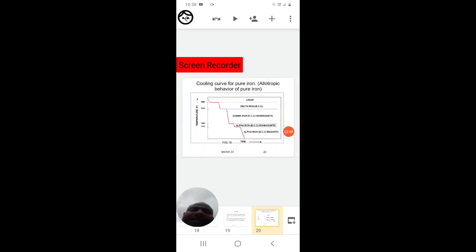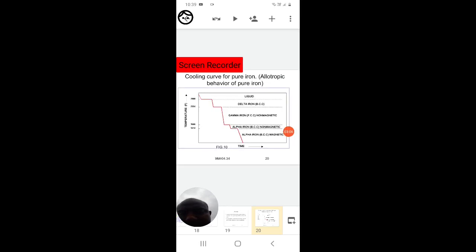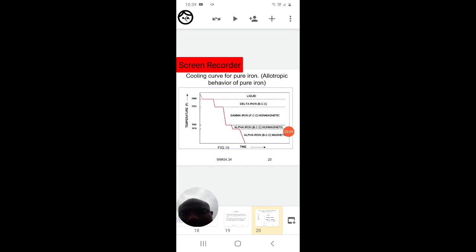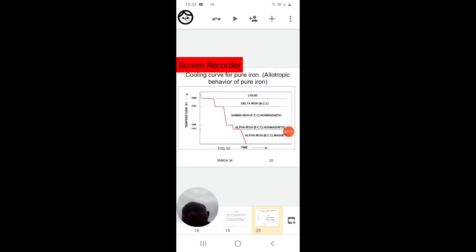It is a very distinctive property of iron. So, you study the cooling curve of pure iron, the allotropic form or polymorphism of pure iron. Suppose you look at the iron cooling curve, which shows temperature versus time and transformation.